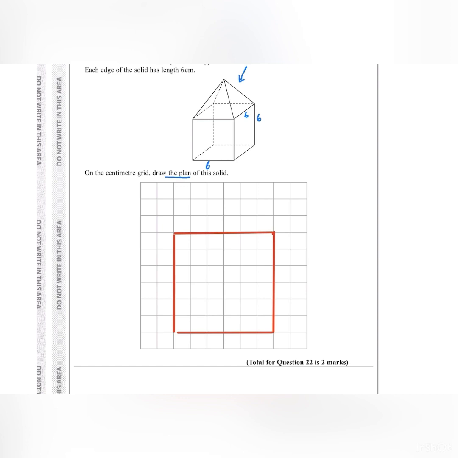And then because you're also seeing these lines of the pyramid, we need to find a center point over here, and so those lines will be seen like this. Okay, so that would be the bird's eye view or the plan of this solid.